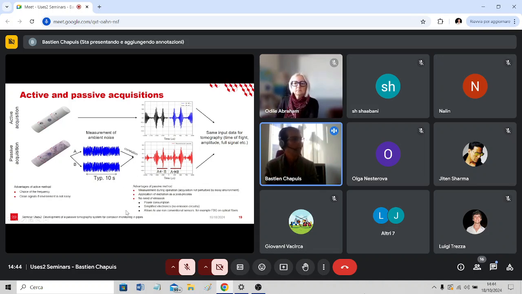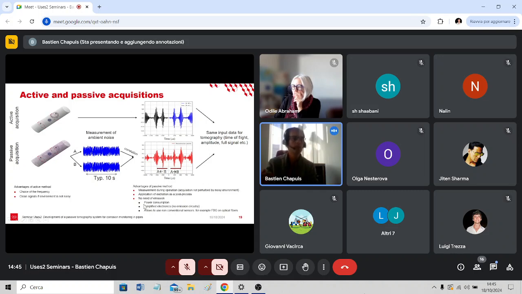And since we don't need emission, because we rely only on existing elastic waves in the structure, we can simplify the electronics. We no longer need emission circuitry. It has to be demonstrated that this is really true in all situations, but in general, we can reduce the power consumption of our system.